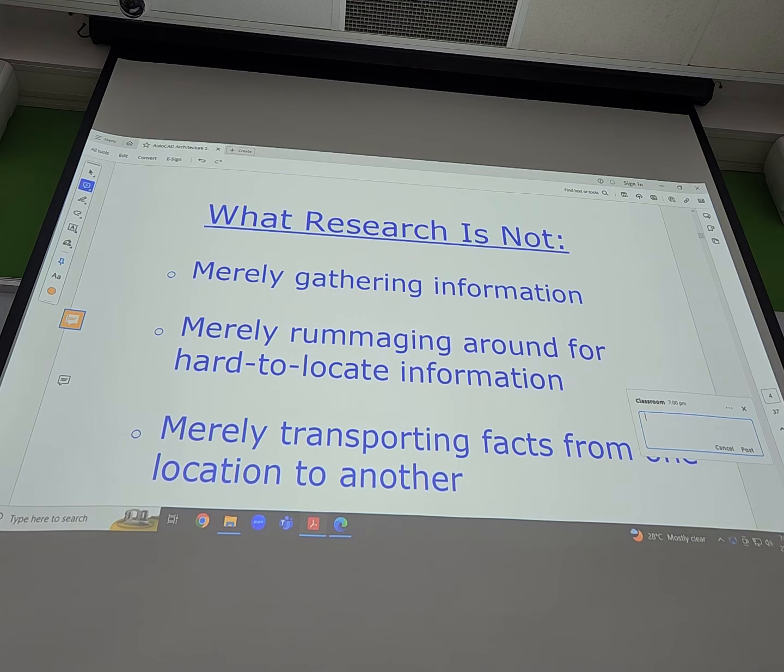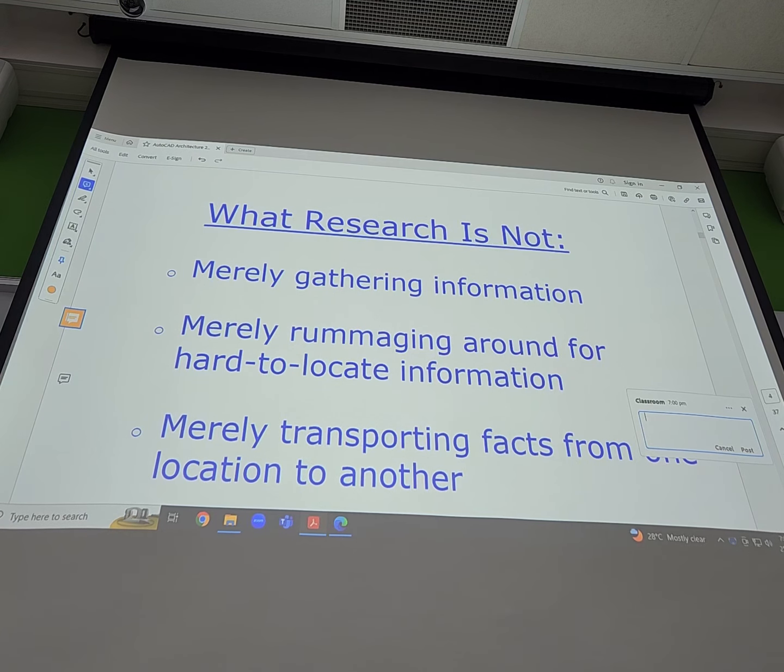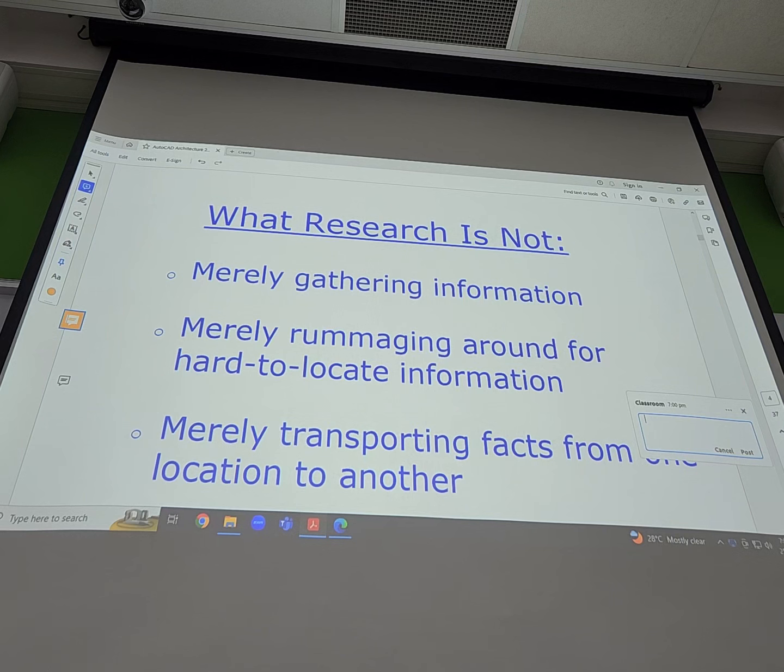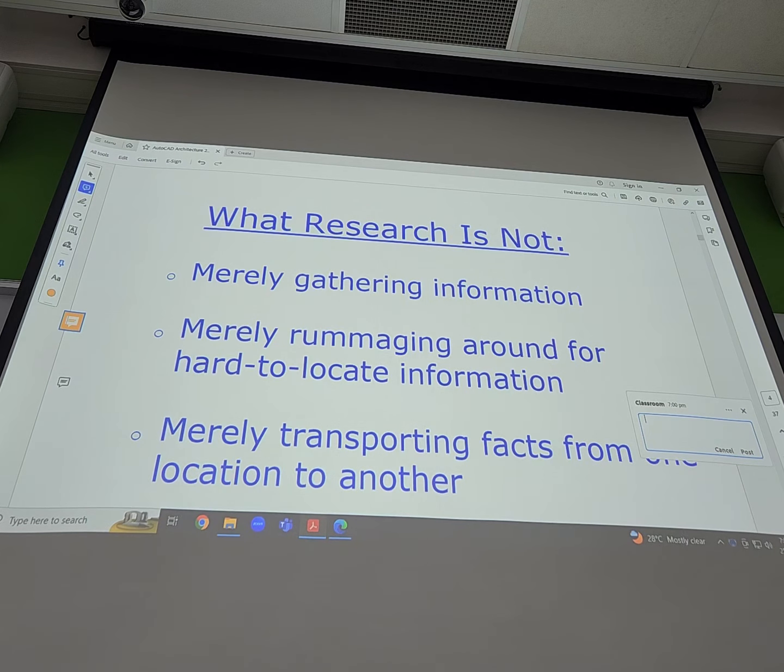Just spending a few hours to locate some information about some engineering principle and write about that, that is not research. So research is not simply collecting information, or collecting information which is very difficult to locate.